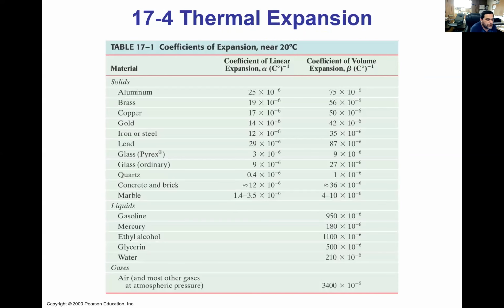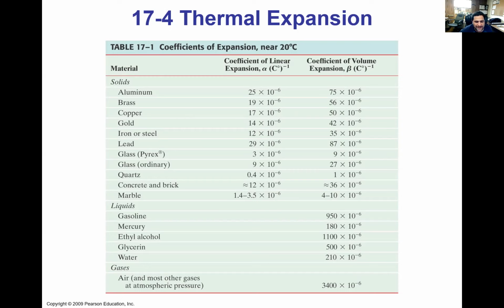There we go. So what is expanding here? Okay. You have the tank and you have the gas. So you have two things that are going to expand, but they're going to expand at different rates. So if you take a look at this table, right, the coefficient for volumetric expansion for steel is 35 times 10 to the minus 6th.